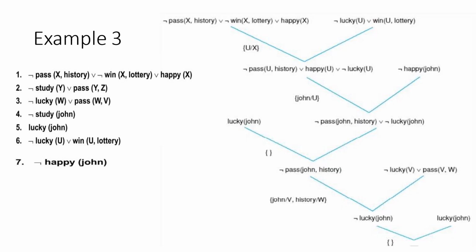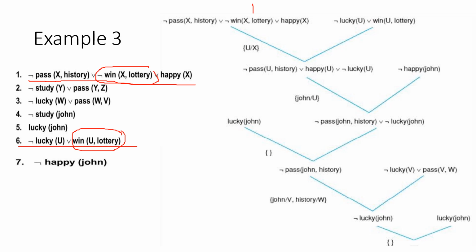Now we can see the resolution graph of this problem. We start with the first clause: not pass x comma history or not win x comma lottery or happy x. We see if there is any complementary clause in the remaining clauses. Consider the sixth one, which has win u comma lottery, and the first clause has not win x comma lottery.